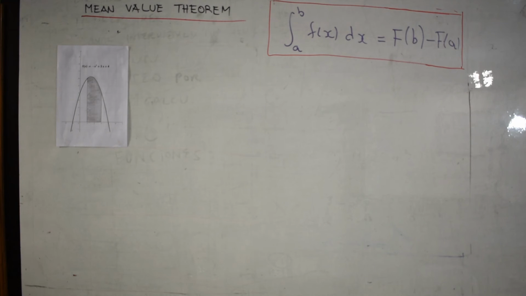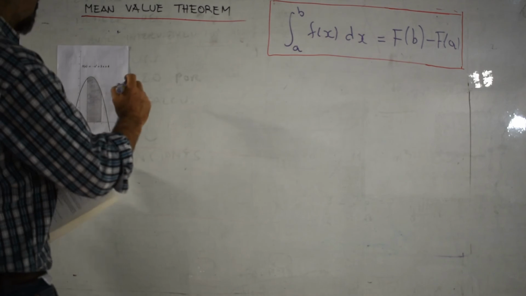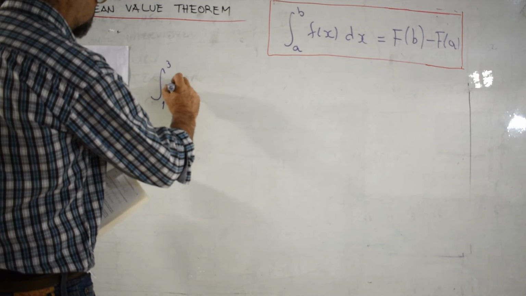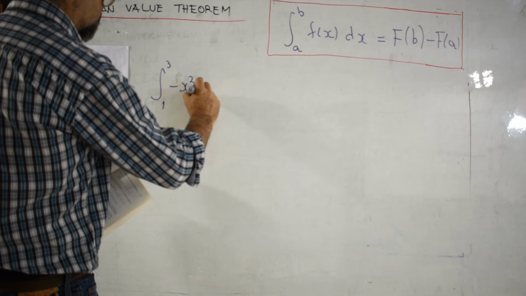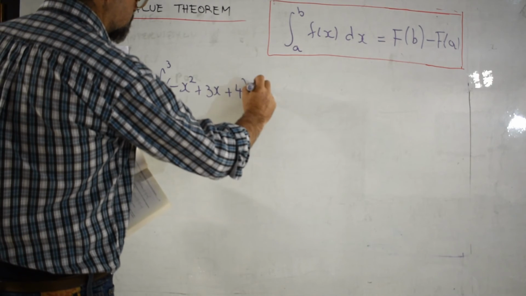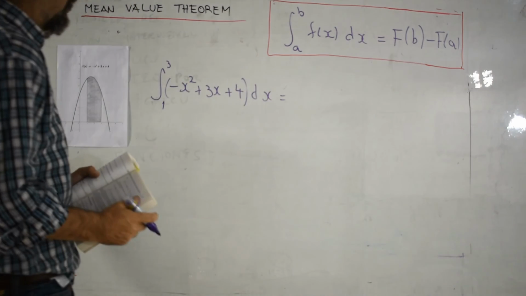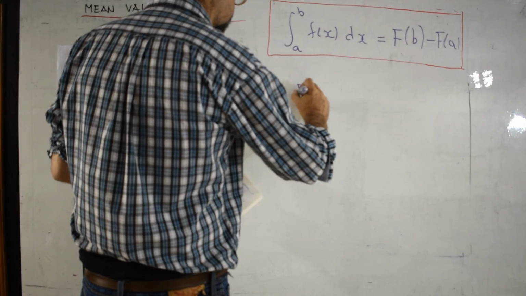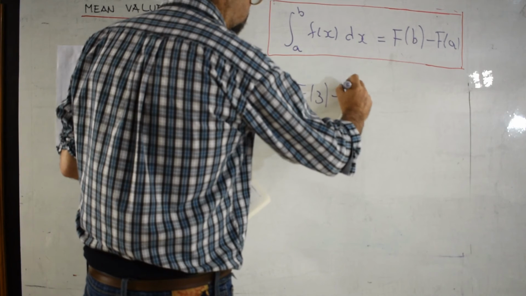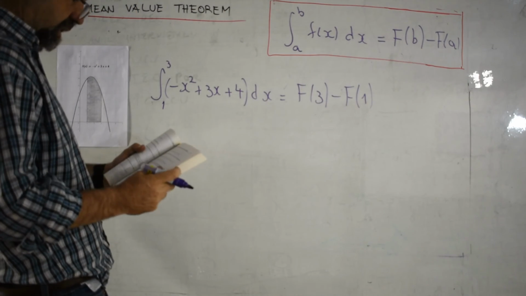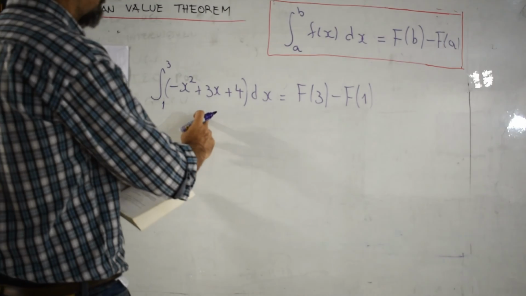Let's now calculate that area in exact form. Following the fundamental theorem of calculus, the area between 1 and 3 of minus x squared plus 3x plus 4 dx is going to be f(3) minus f(1), where f is the indefinite integral of this function.